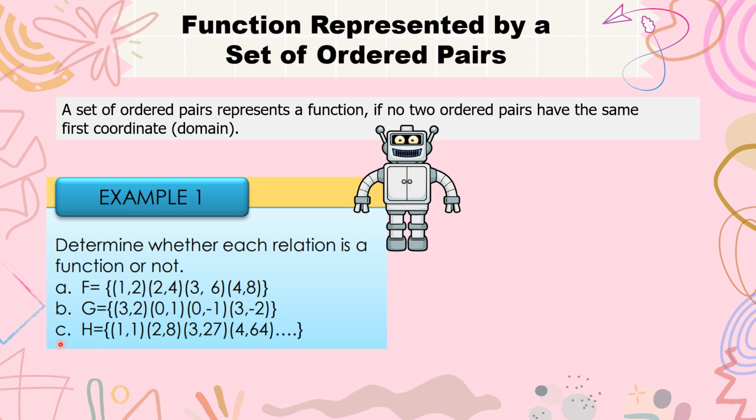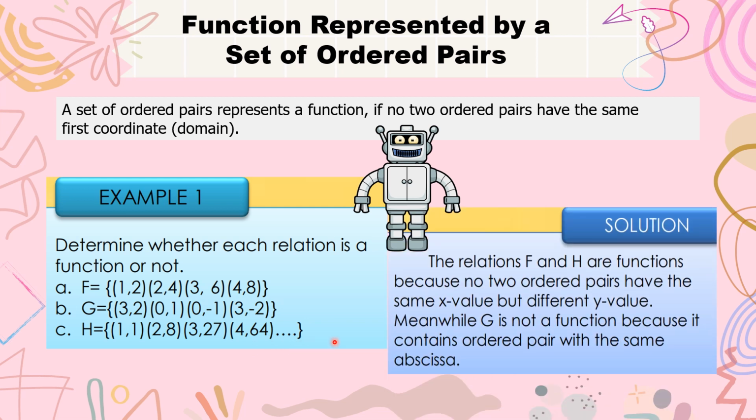For letter C, our relation H, our domain are 1, 2, 3, 4, and next to 4 is 5, 6, and so on. So walang na-repeat na domain. So it is a function.